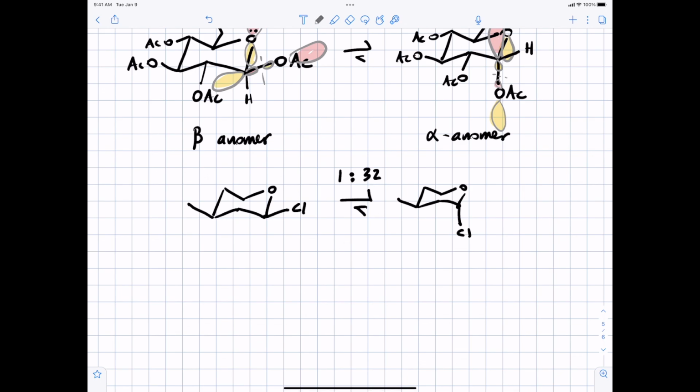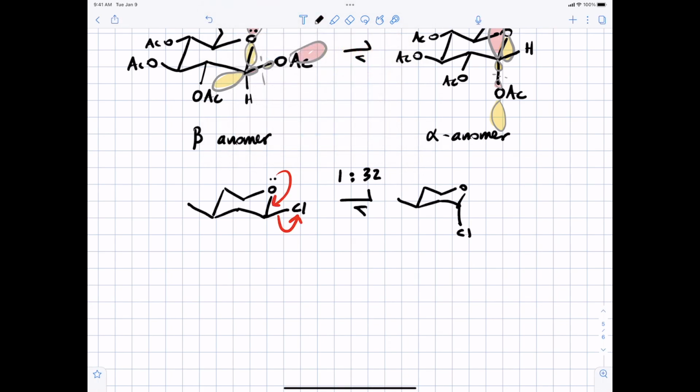In case you're worried, this is not a chair flipping event at all, right? Because if it were chair flipping, we would need this group to be at an axial position. What actually goes on here is lone pairs on the oxygen kick off the chloro group.